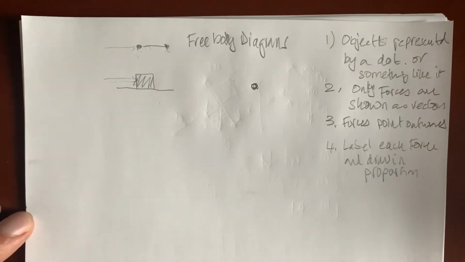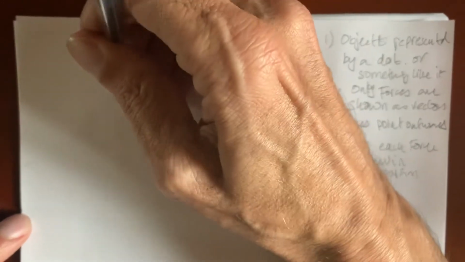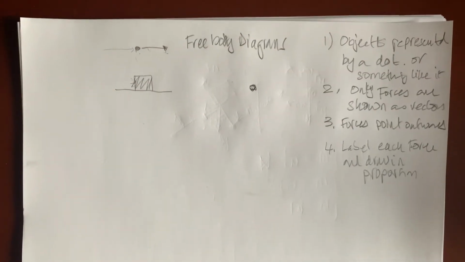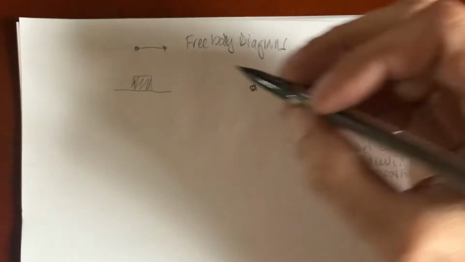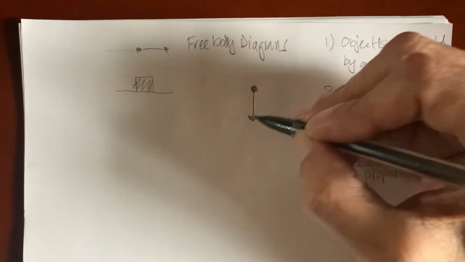Now this object here, forget about this little thingy I drew here. It is sitting, so it has two forces acting on it. We know gravity is always acting on it. That's the one you can always pick. It's always acting downwards.